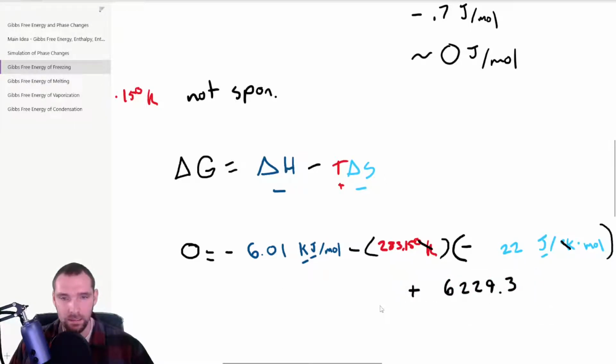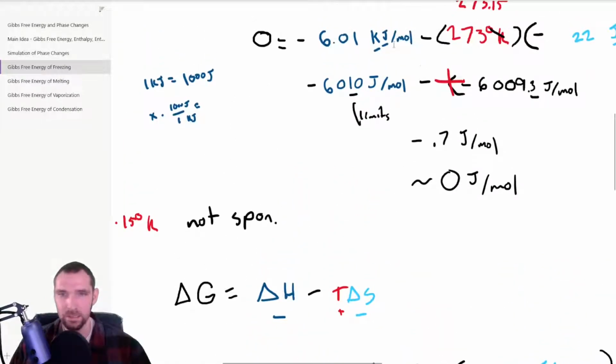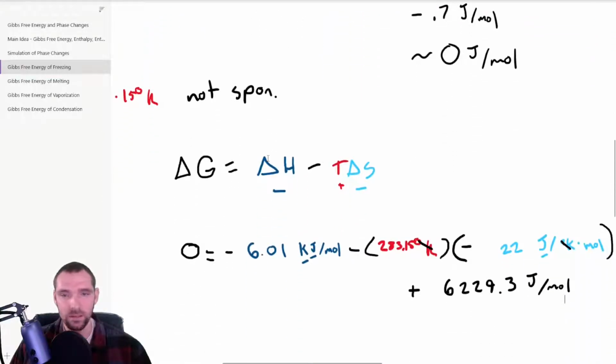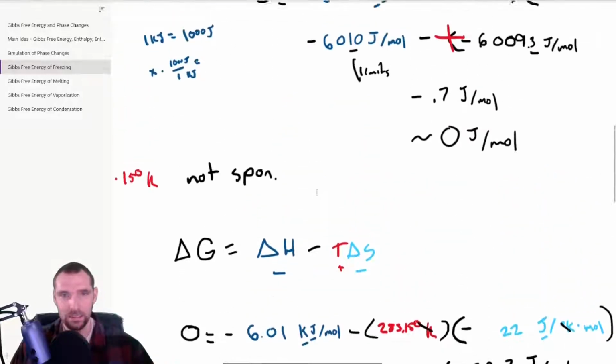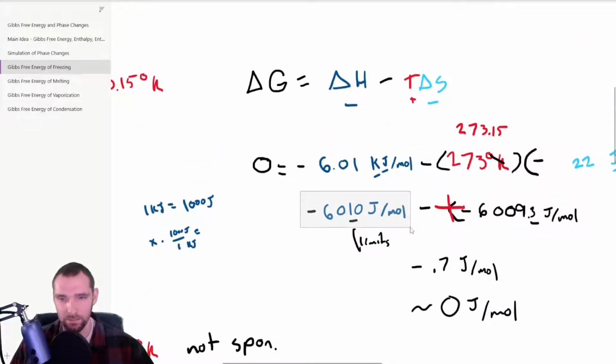And then this is kilojoules. These were joules. And so you can see that's why in the last problem we had to write this from kilojoules as joules, and I had a little conversion factor there as well. So if we convert this into joules, we already did that. It was the number right here.